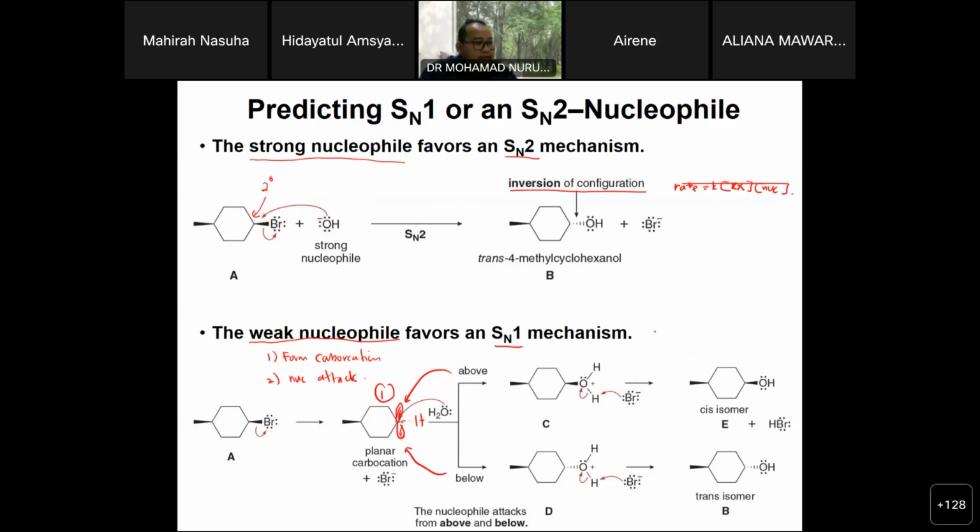The rate depends on the alkyl halide concentration only. If I increase the nucleophile concentration two times, the reaction is not affected because it depends 100% on the concentration of the alkyl halide.